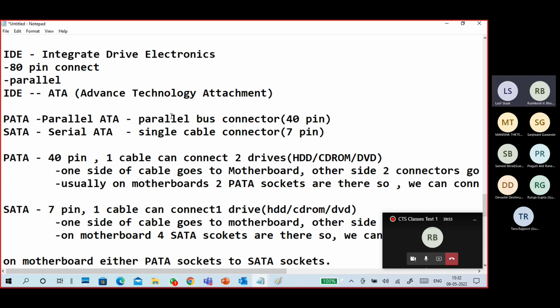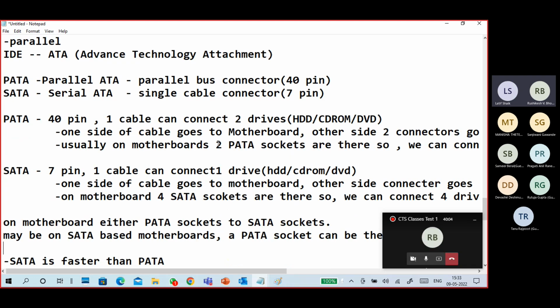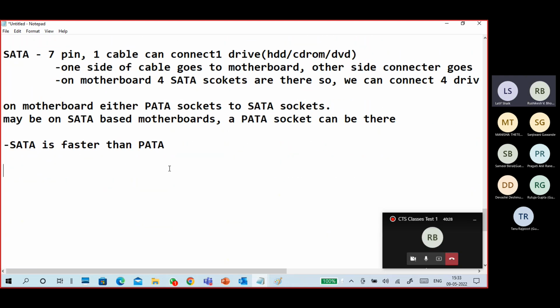SATA is another type of connector. It's a 7-pin connector, so one cable connects one disk only. On the motherboard, either SATA or PATA sockets are there, and based on that we can attach a disk. Earlier, when SATA was introduced into the market, they kept SATA ports as well as PATA ports. SATA is faster than PATA.